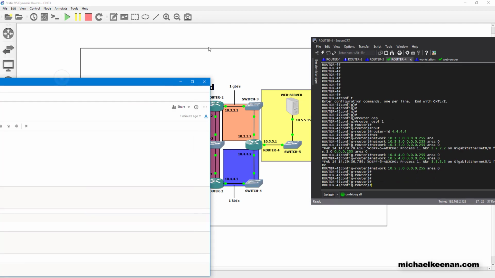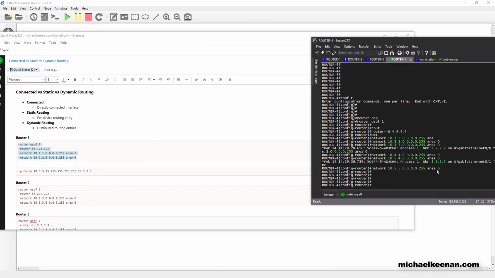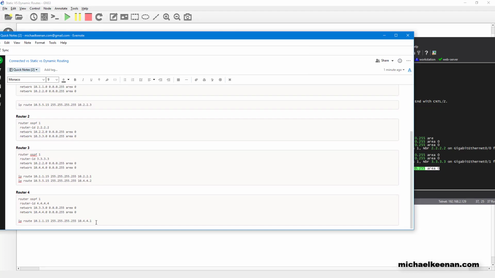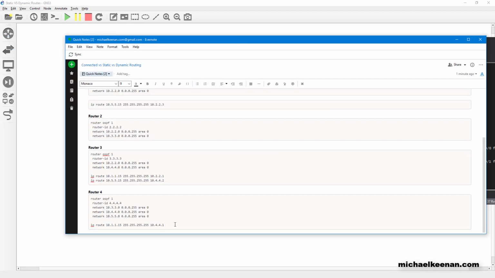And that's one that I didn't include on my command sheet here, so let me put that in there. There it is right there.